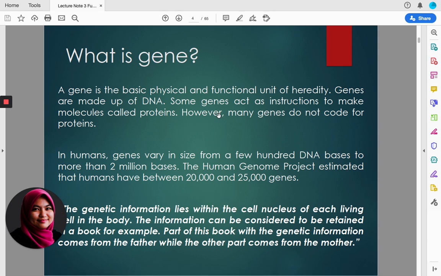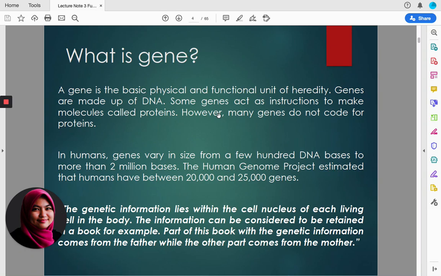So moving on, we'll be discussing genes. If you talk about genetics, gene will come first in your mind. A gene is the basic physical and functional unit of heredity. Genes are made up of DNA, and some genes act as instructions to make molecules that we call proteins. However, many genes do not code for proteins. There are non-coding genes that will not code for proteins.